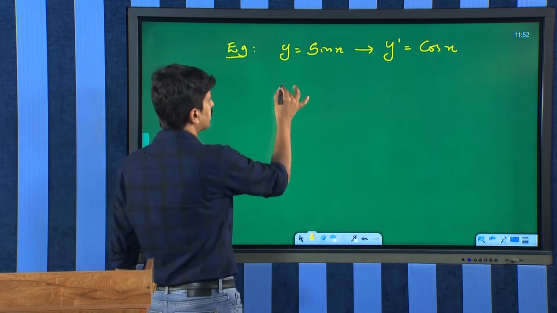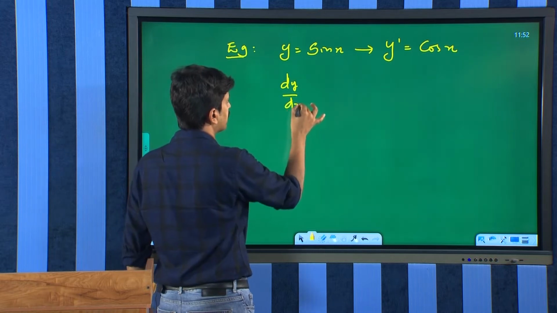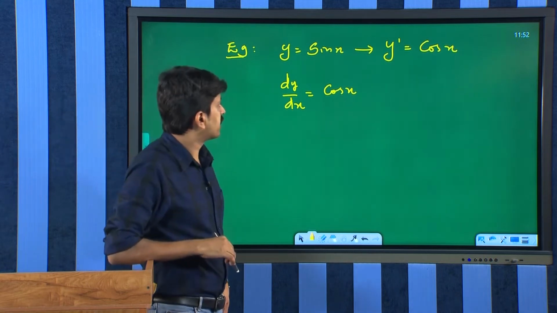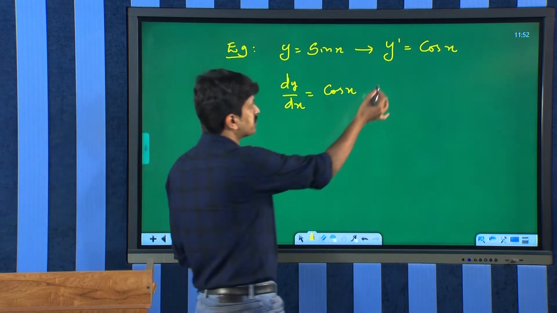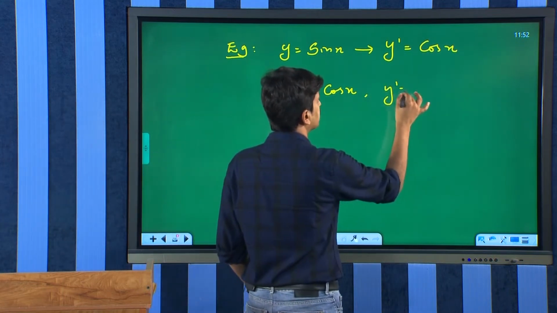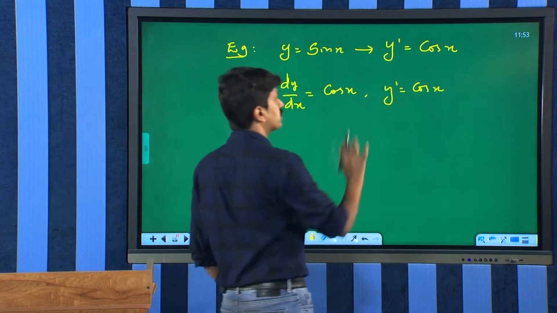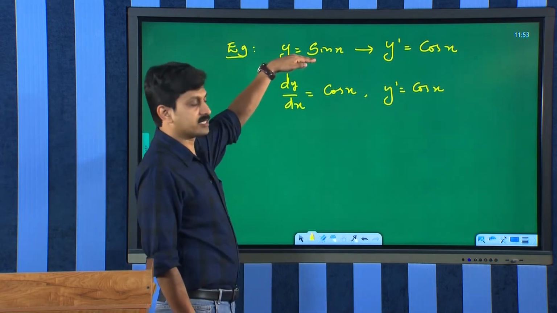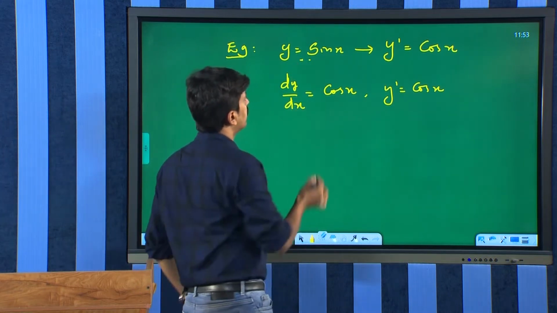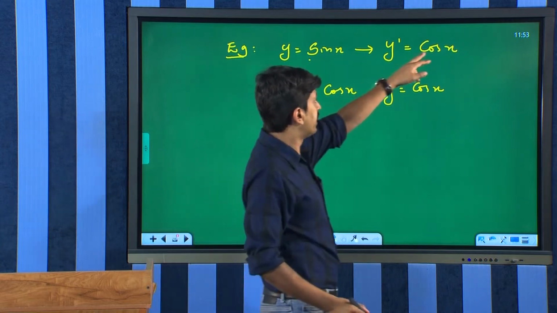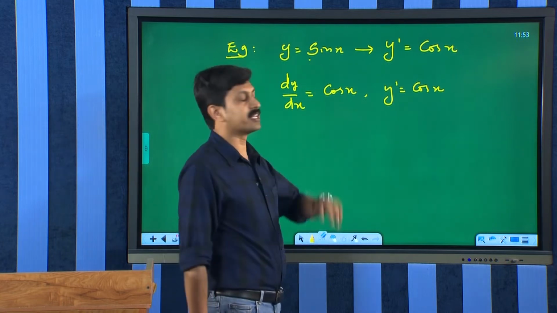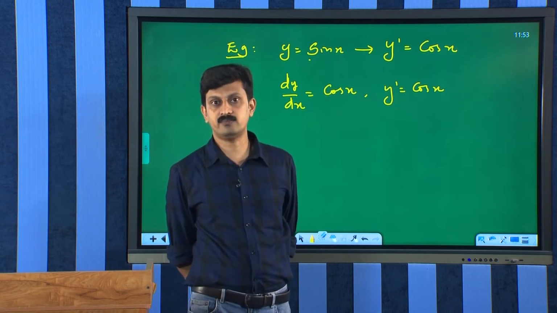While evaluating dy by dx, the derivative of sin x is cos x, so y dash is equal to cos x is satisfied. While differentiating, the curve y is equal to sin x will satisfy the differential equation y dash is equal to cos x. So we can say that y is equal to sin x is a solution of y dash is equal to cos x.